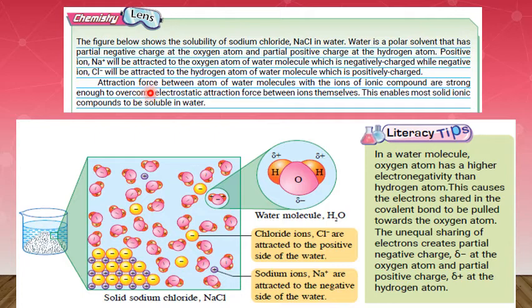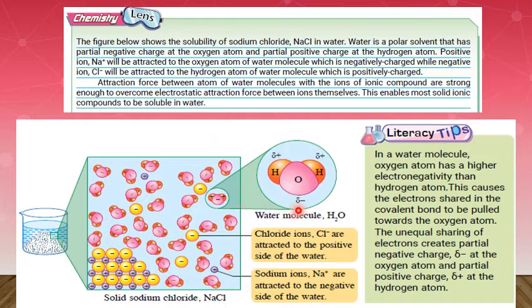The attraction force between atoms of water molecules and the ions of ionic compounds is strong enough to overcome the electrostatic attraction force between the ions themselves. So this enables most solid ionic compounds to be soluble in water.